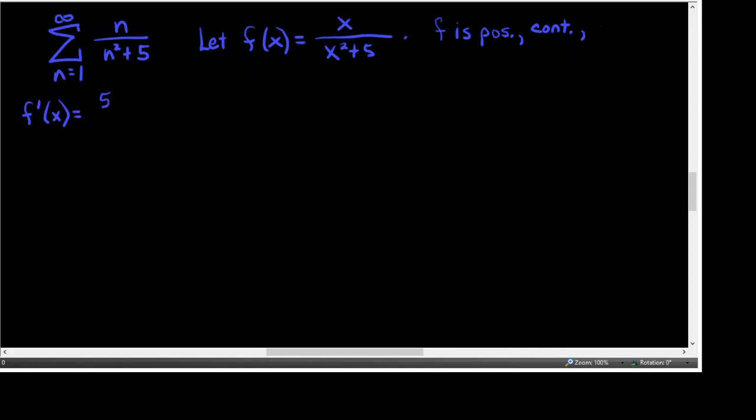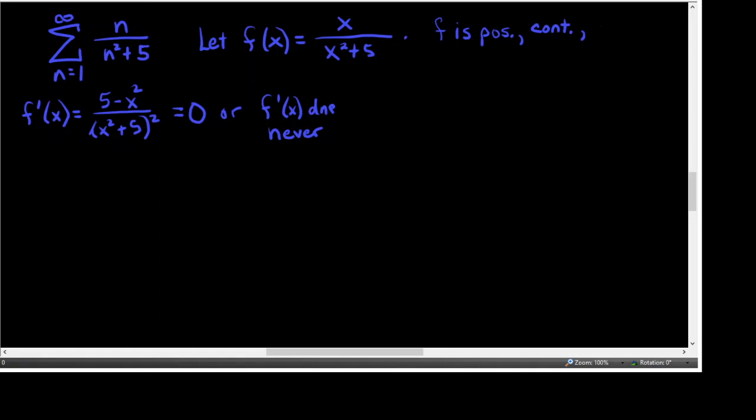So this is 5 minus x squared over x squared plus 5 quantity squared. Okay, so when is that equal to 0? Or when does it fail to exist? Well, the denominator will never be 0, so the non-existence of the first derivative never happens.